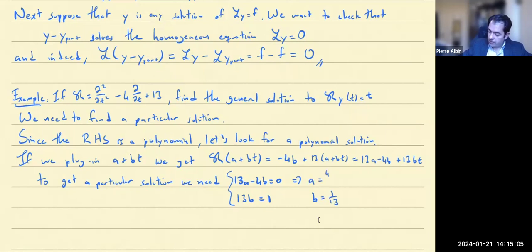So a would be 4 divided by 13 squared, so 169. And voila, y part of t equal to 4 divided by 169 plus 1 over 13 times t is a particular solution.